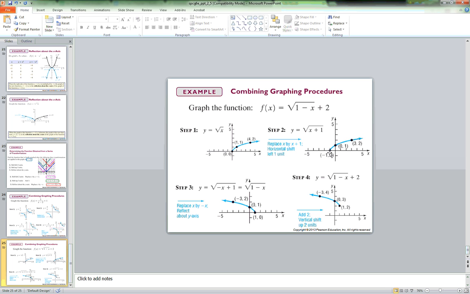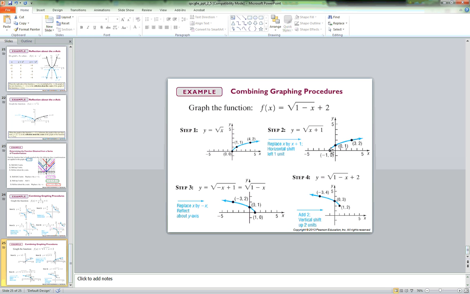The next thing we're going to do is switch the order. So instead of 1 minus x, we're going to have negative x plus 1. So this shows that I'm shifting it to the left 1, and this shows I'm going to reflect it across the y-axis because it's like replacing x with negative x. So here I have my function, and I'm going to reflect it across the y-axis.